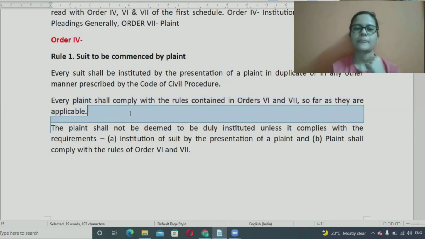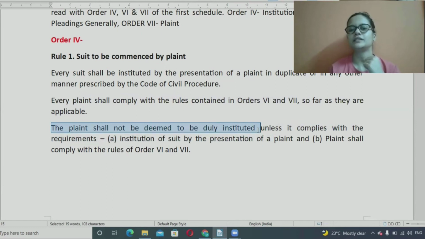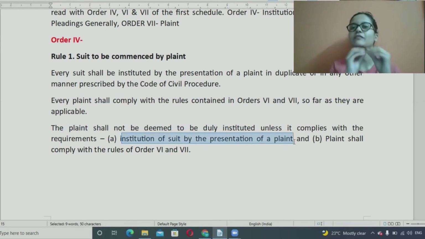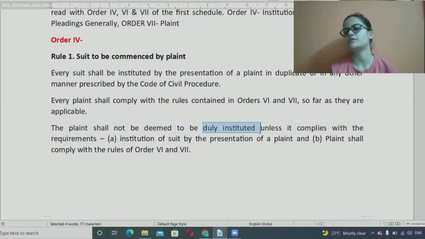Even if I submit some random letter or complaint, it will not be considered unless there is institution of suit by presentation of a plaint. I should give a proper plaint, plus it should fulfill whatever is mentioned in Order 6 and 7. Only in that case will it be considered duly instituted. That is nothing but Rule 1.